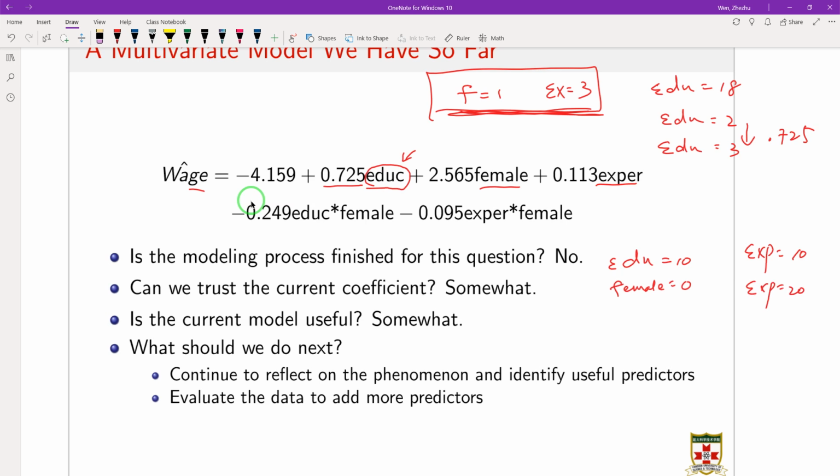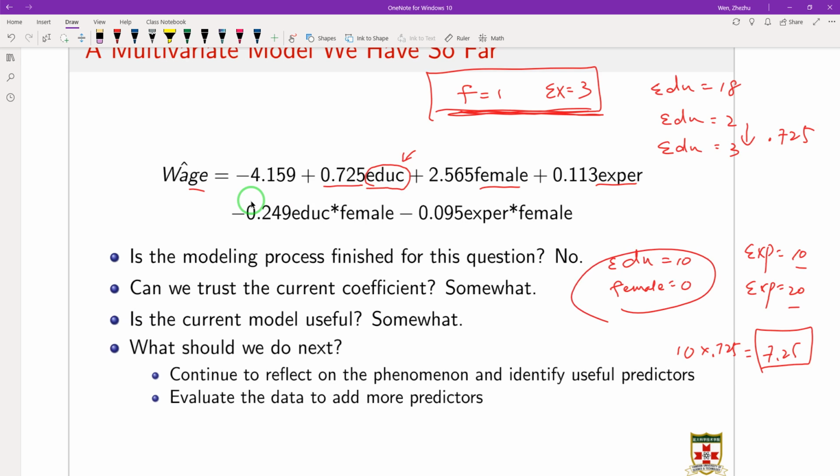The difference in terms of the wage they make each hour will be 7.25, because the difference between these two is 10, and you multiply by the coefficient. This is the amount of difference in how much they make each hour, given other conditions remaining the same.